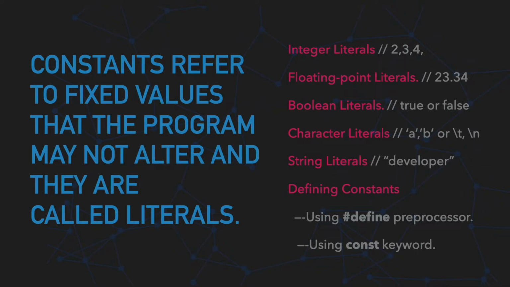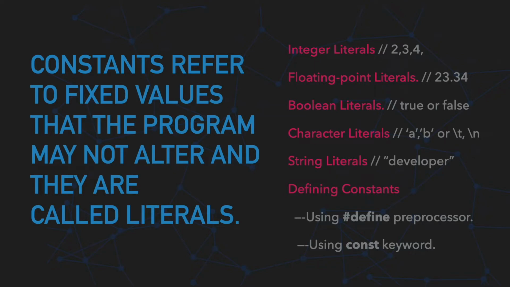Then we will see string literals, that anything written in double quotes is a string literal. Then comes defining a constant. There is something called the hash define preprocessor that we define globally, which does not change its value anywhere in the program. And you also can use the keyword const if you want to make a variable constant.